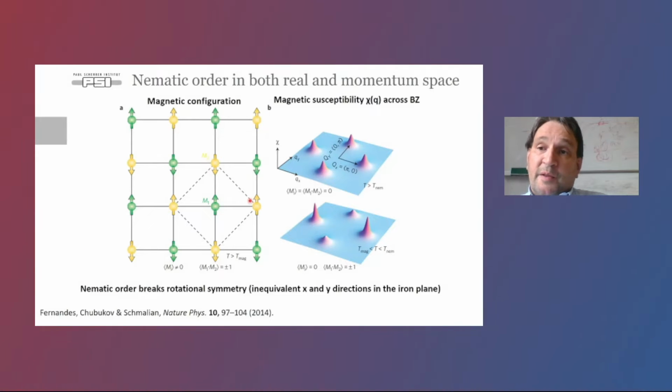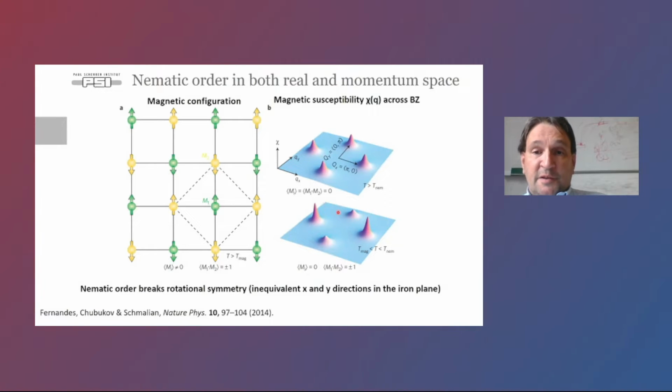But what does that mean for magnetic properties, the magnetic susceptibility? How would that look across the Brillouin zone? If you are in the nematic phase, below the nematic phase transition, you have a clear inequivalence also in momentum space. That means a clear inequivalence between Qx and Qy.